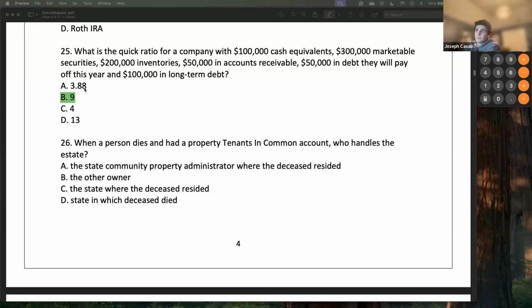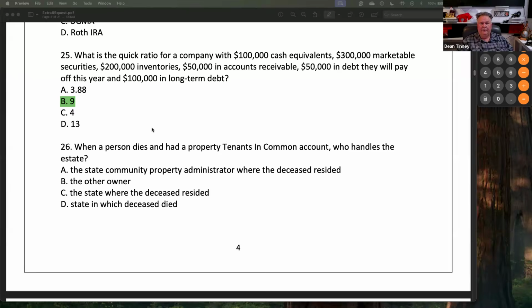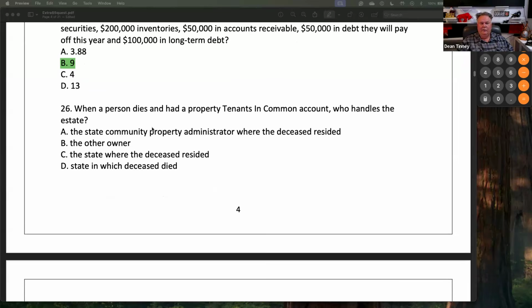All right. When a person dies and had a property, tenants in common, who handles the estate?